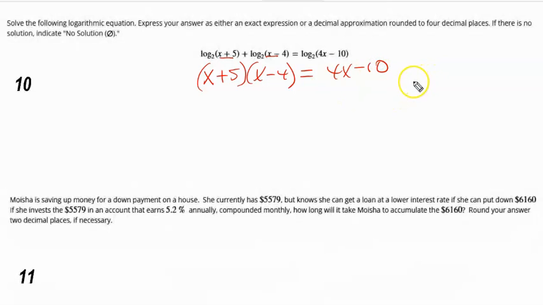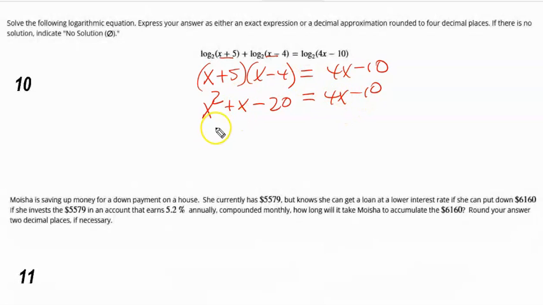Just a little bit of algebra. We're going to FOIL this side and get x squared plus x minus 20 equals 4x minus 10.